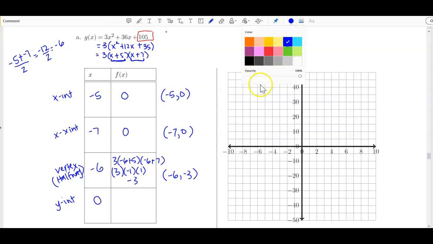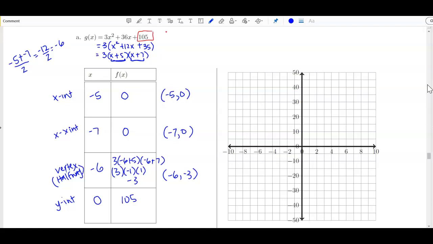So that's going to be this one, which is going to go off the grid there, so we're not even going to be able to get to that part. But that's where it would be if we could have it there. So let's just graph these other 3 points.